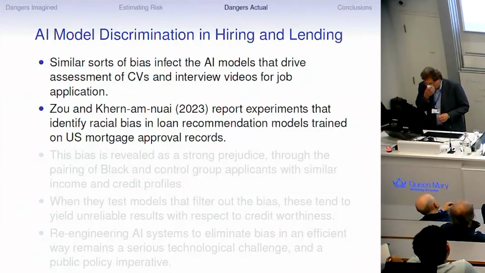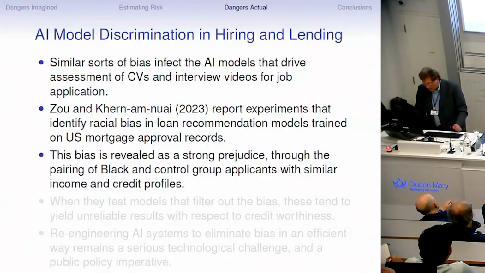They trained a model on actual loan decisions in the American federal loan industry, the mortgage industry, and what they found is a really strong anti-black bias. And how do they know it's really strong? Well, they do statistical normalization, where they pair black applicants with control group applicants who have exactly the same or approximately the same income and credit profiles, and the discrimination becomes very apparent.